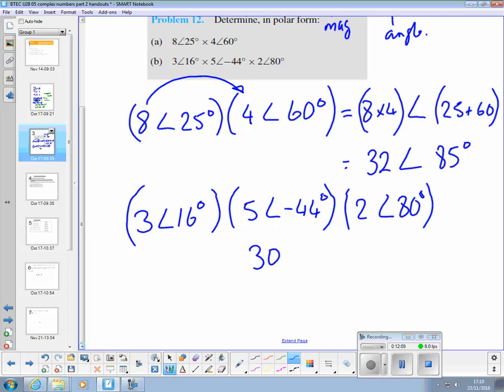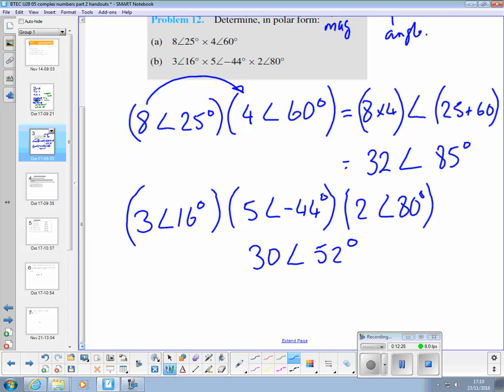Minus 28 plus 80. Those two added together make minus 28, and then add 80 to it. Got to take 28 off 80, haven't you?